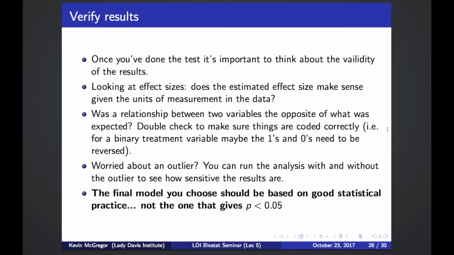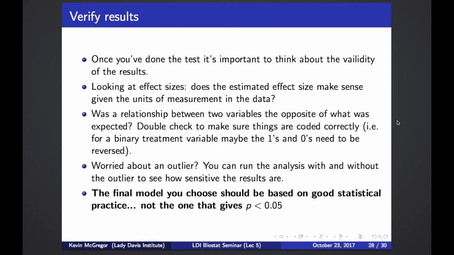So it's very common in statistical software, if you have two groups that you're comparing, that you treat it as a binary variable. So one group you just assign a 1 to, and the other group you assign a 0 to. But if you reverse what groups you call 1 and 0, then the effect is going to flip sign.